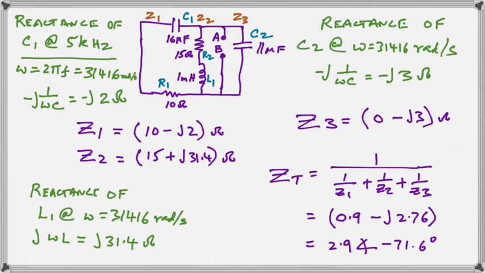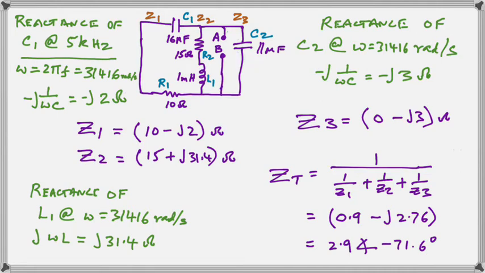So we come here now, and the first thing we need to do is to work out the reactances of the two capacitors and the inductor at the specific frequency given in the problem. So we take our 5 kilohertz and multiply it by 2 pi so that we find omega in rads per second. And then our formula is j omega L for the inductor and minus j 1 over omega C for the capacitors.